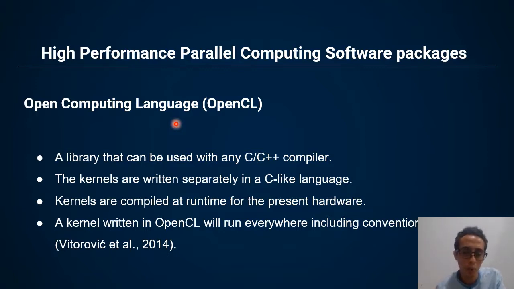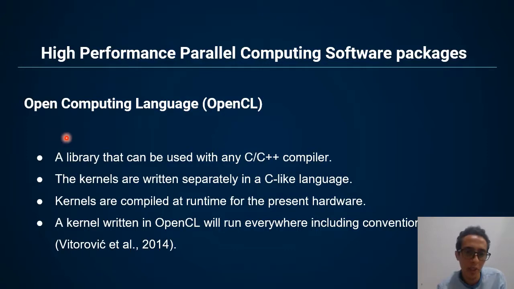or Open Computing Language. OpenCL basically is a framework for writing programs, and it executes across heterogeneous architecture. So what I mean by heterogeneous is we are running on two different architectures at the same time, such as CPU and GPU.